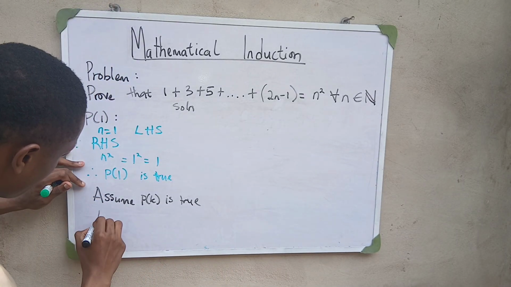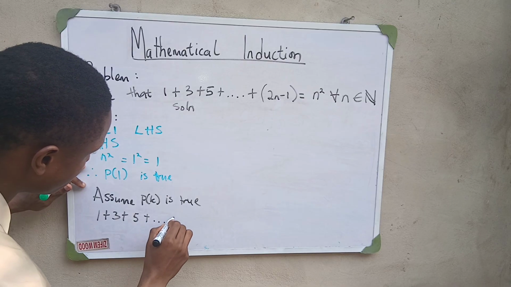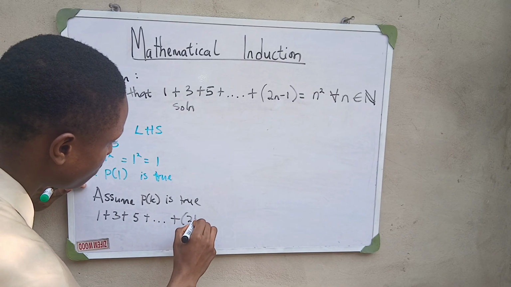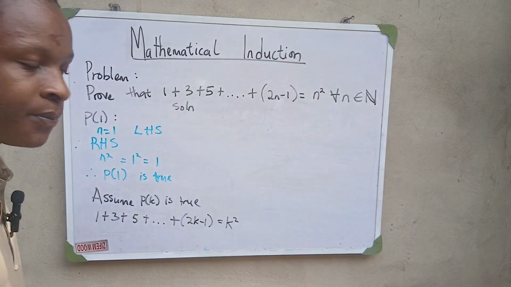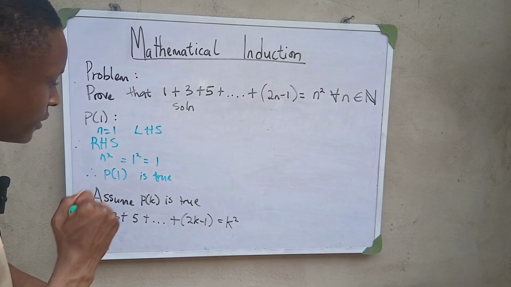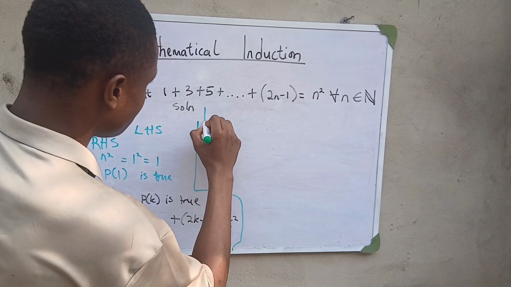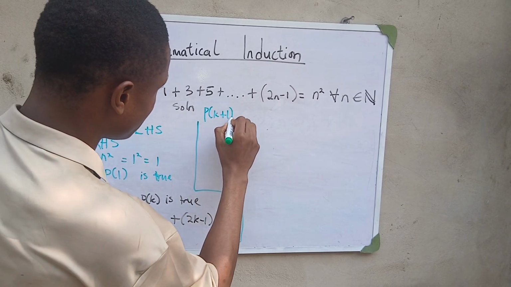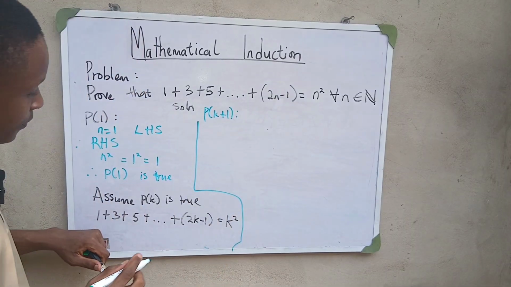So we have 1 plus 3 plus 5 plus dot dot dot plus 2k minus 1 is equal to k square. So the next thing, we are now going to prove that P of k plus 1 is true.